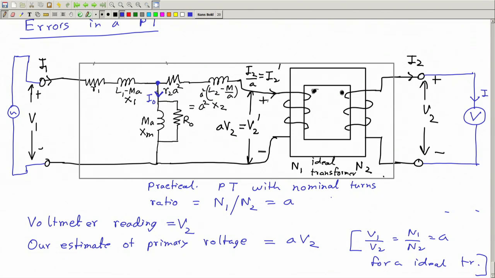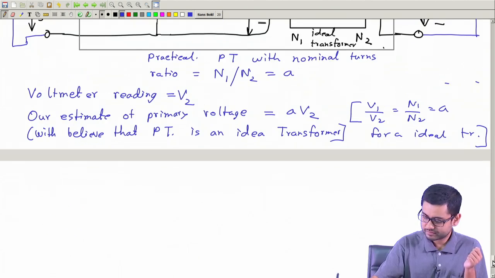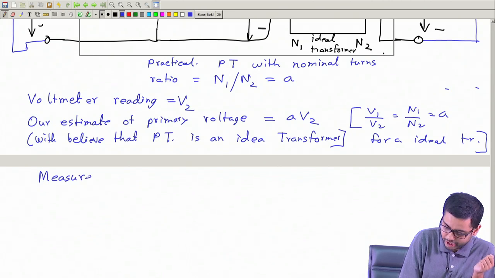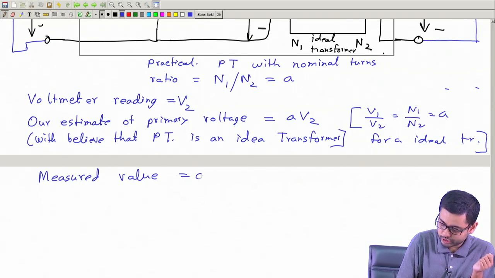If we think so, then we will estimate V1 as AV2, with the belief that the PT is an ideal transformer. So the measured value is AV2.